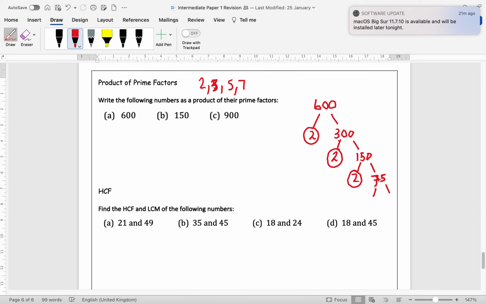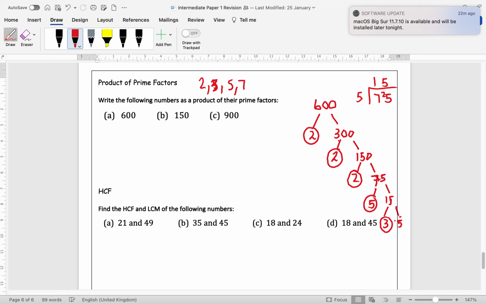I don't want that. But because it ends with 5, I'm going to see if I can find how many 5's go into 75, right? I'm going to need a bit of work out here. How many 5's go into 75? I haven't got a clue. 5 goes into 7 once, remainder 2. 5 goes into 25, 5 times, so that's 15. Still not finished because 15 isn't in my list there. 15 is 3 times 5.